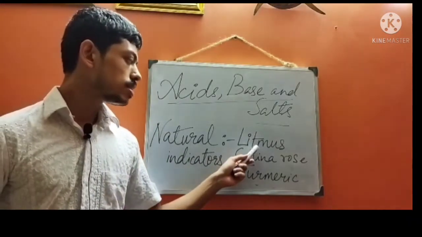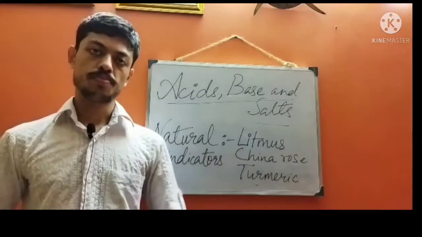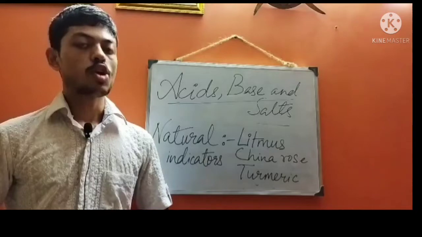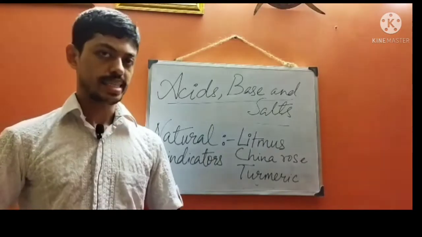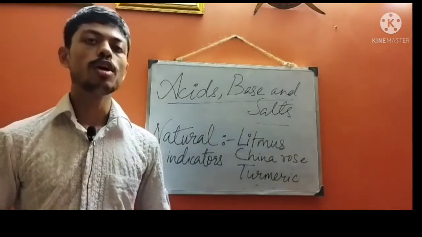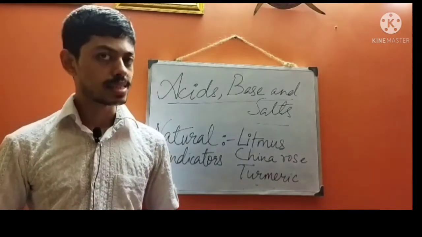Now what happens in case of litmus? Litmus is obtained from a lichen. It is purple or mauve colored in distilled water.